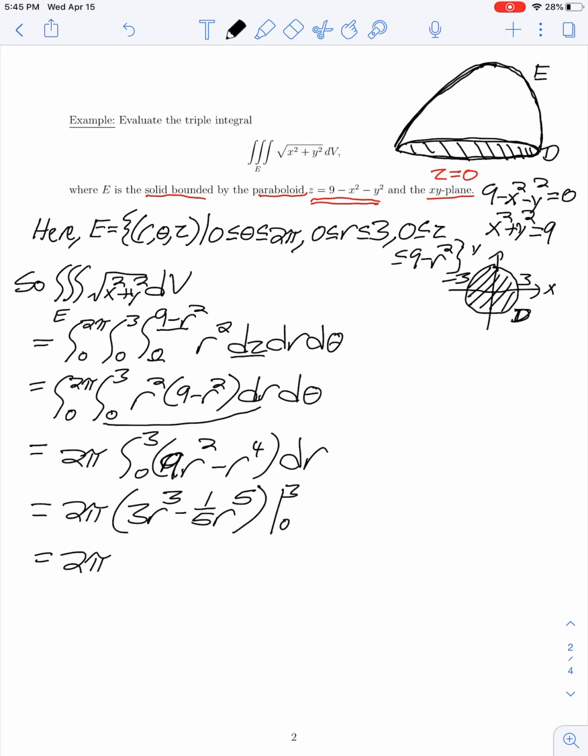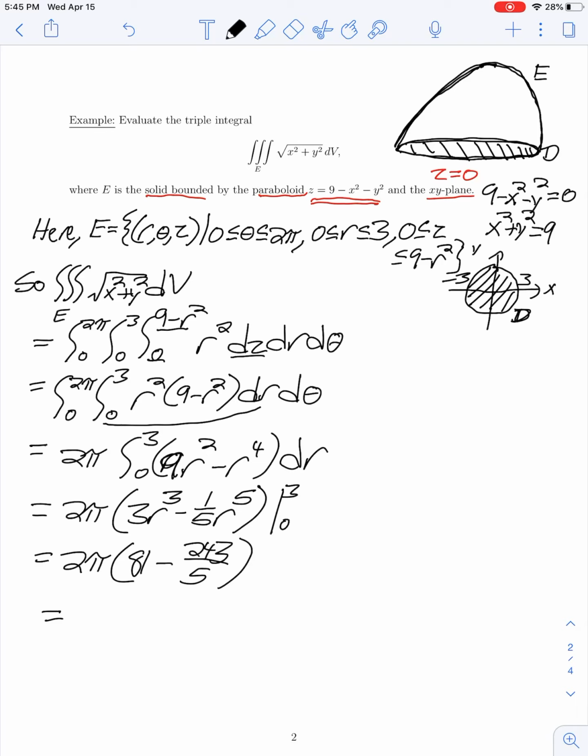So that gives us 2 pi times, plugging in 3 for r, we have 3 cubed times 3, so 3 to the 4th, which would be 81, minus 3 to the 5th, so 243 over 5. And then we subtract what we get when we plug in 0, which is 0 here.